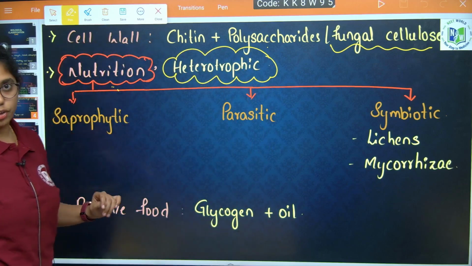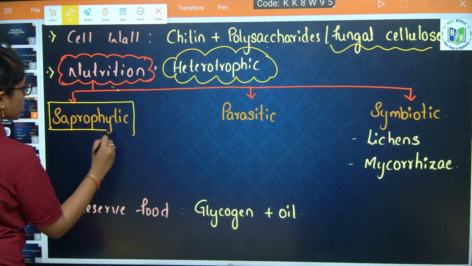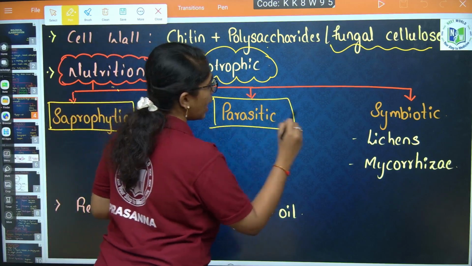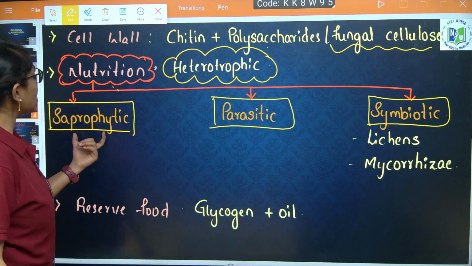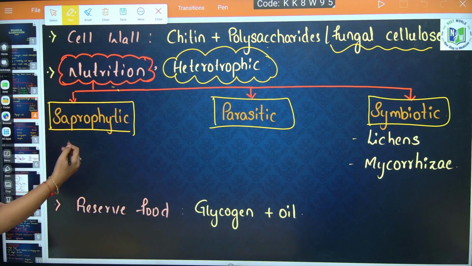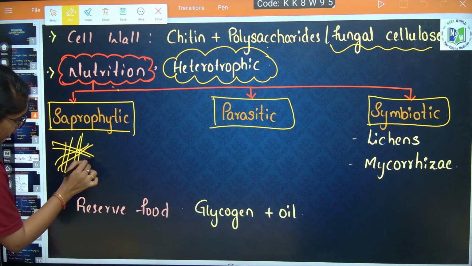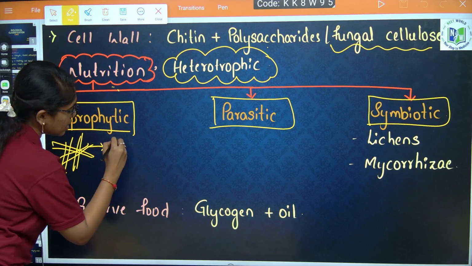Of which we have three types of heterotrophic nutrition. One is saprophytic, the other is parasitic and then symbiotic type of nutrition. If you see saprophytic, how does fungi conduct the saprophytic mode of nutrition? If you take hyphal strands or mycelium, they will release some enzymes.